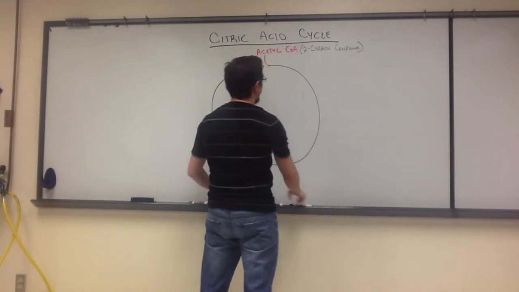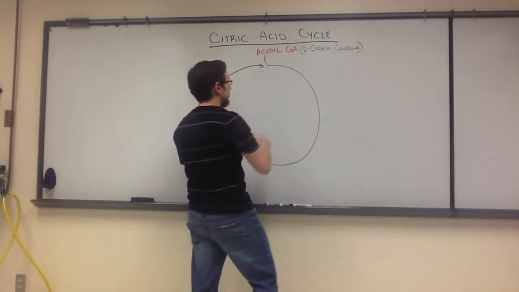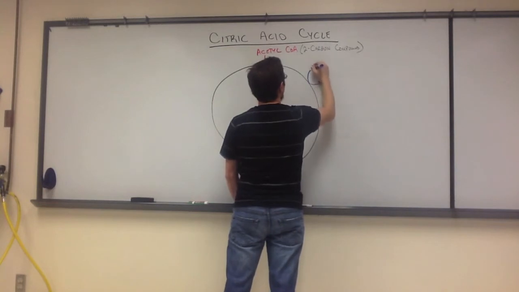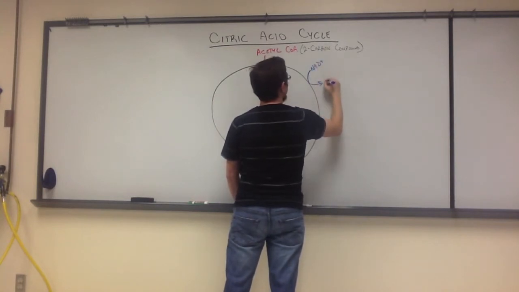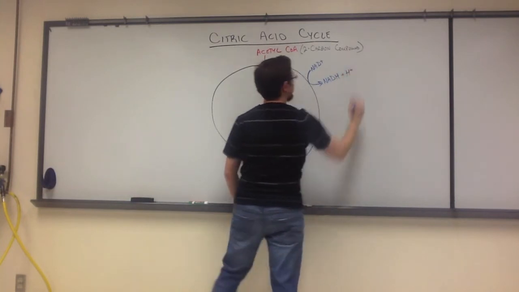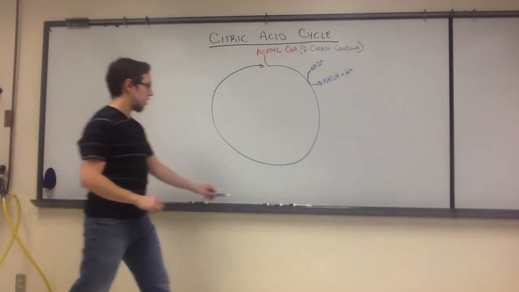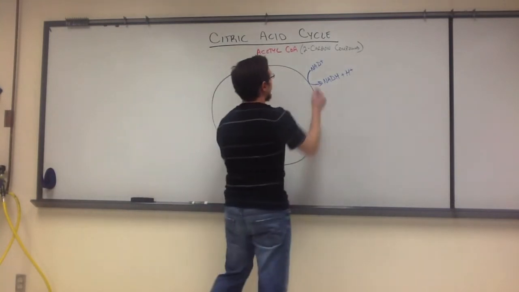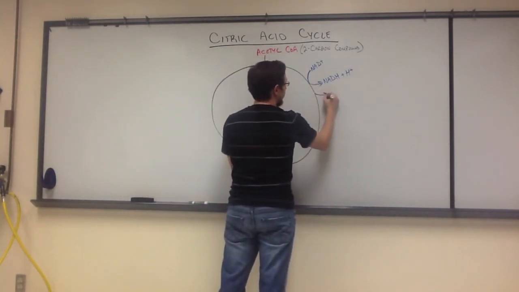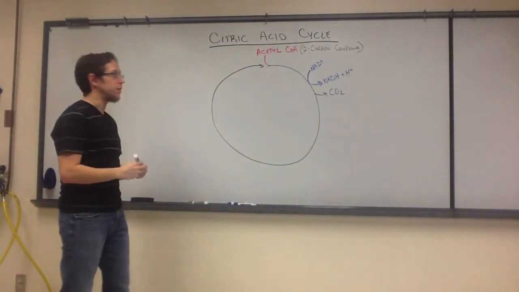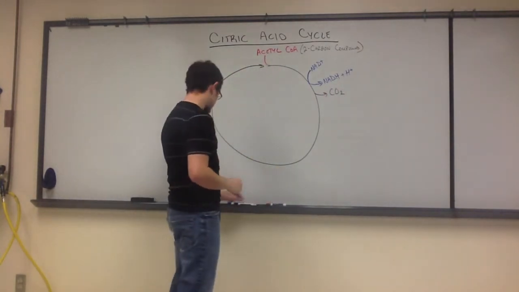So the first thing that's going to happen to the intermediates formed is we're going to reduce a molecule of NAD plus to NADH and a proton. Okay? The resulting compound is then going to lose 1 carbon in the form of carbon dioxide. So it loses a carboxyl group in the form of carbon dioxide.